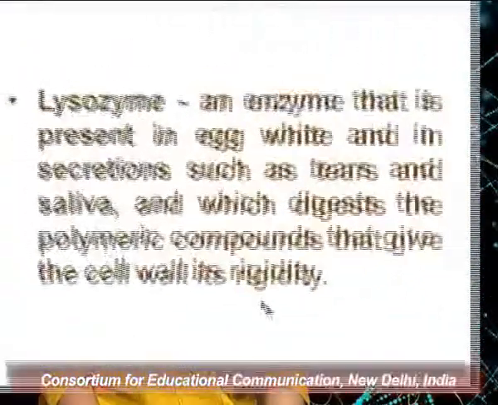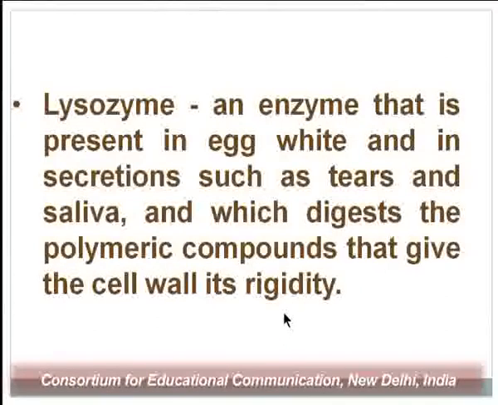For the chemical methods, there are certain important chemicals such as lysozyme. Lysozyme is an enzyme present in egg white and in secretions such as tears and saliva, and it digests the polymeric compounds that give the cell wall its rigidity. For the cell to maintain its structure, there are compounds and pressures which maintain the cell wall.